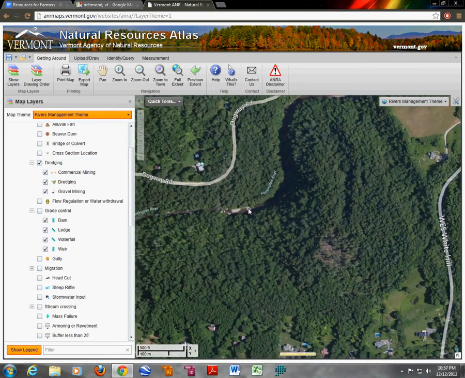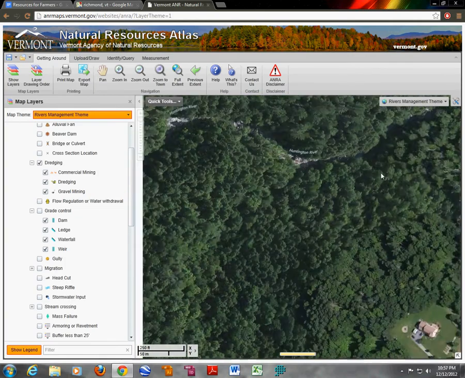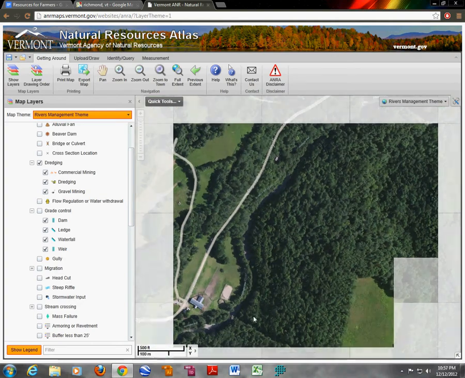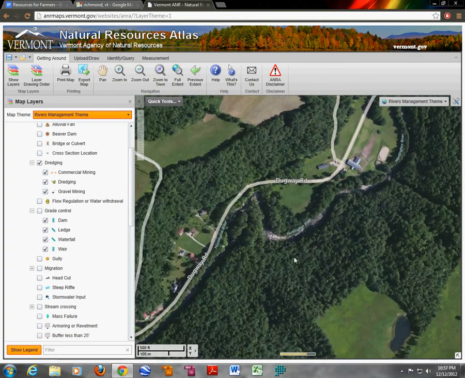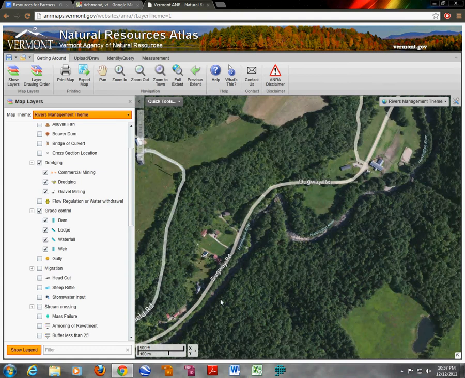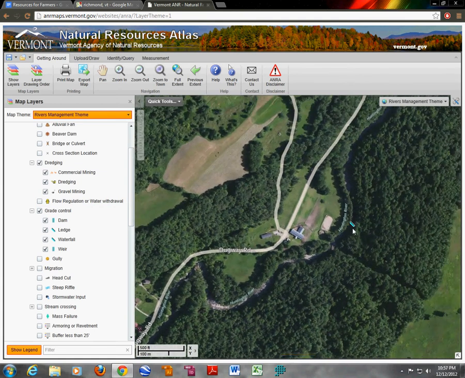So maybe up here there'll be a dam or a ledge or something, or a little waterfall. I've got to turn the layer on. And see, here's one. It looks like it's a little ledge or something.